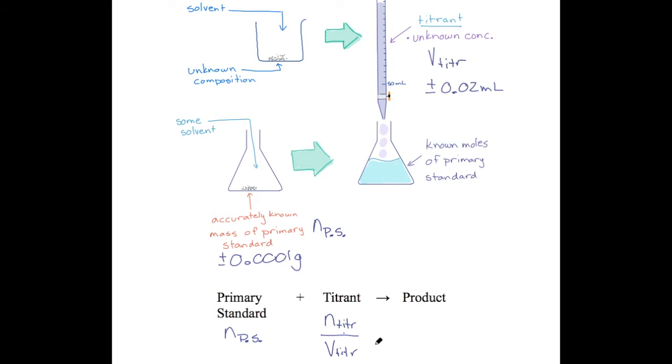So we have the moles of titrant required and the volume of titrant required, and that gives us the concentration of the titrant. Because we knew the moles of titrant and the volume of titrant used to a high degree of accuracy, we've now determined the concentration of our titrant to a high degree of accuracy. So we've standardized our titrant using titration with the primary standard.